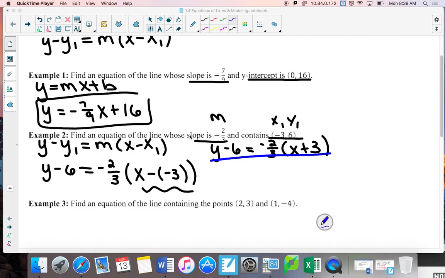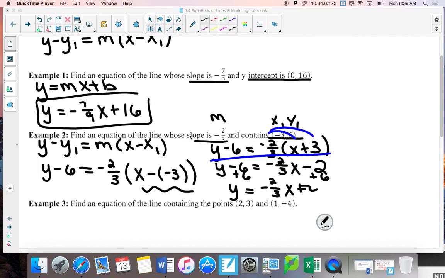Now, if it says it wants it in slope-intercept form, then you have a little bit more work to do. Just distribute the slope. So this would look like y minus 6 equals negative 2/3 x minus 2. Then add 6 so that you get y equals, and we get negative 2/3 x plus 4.